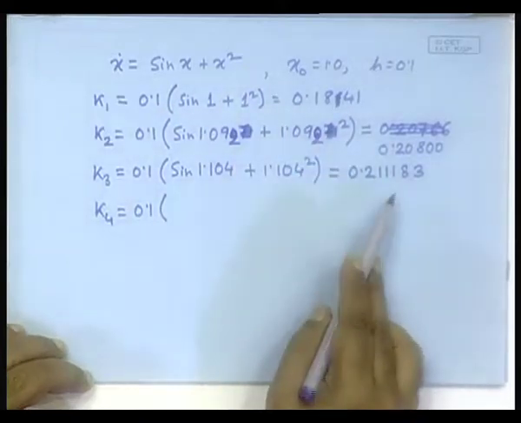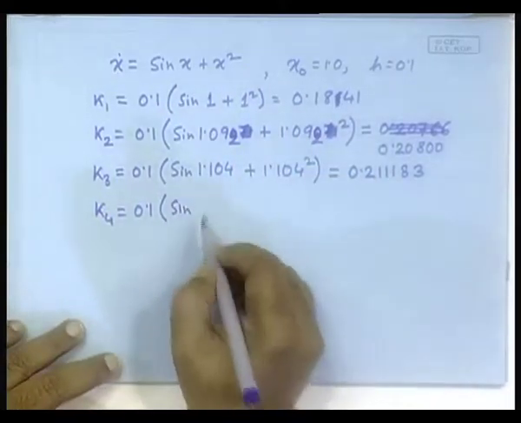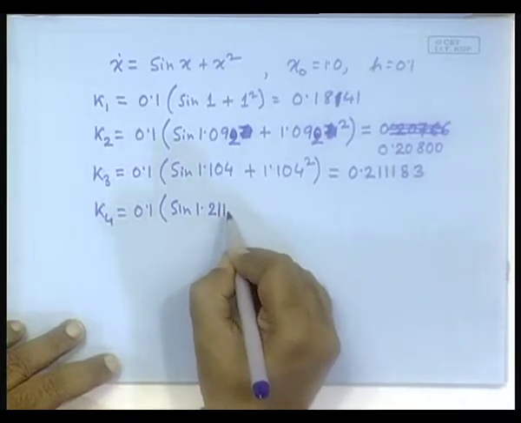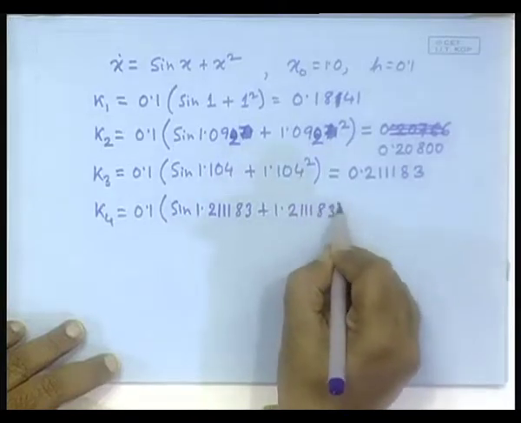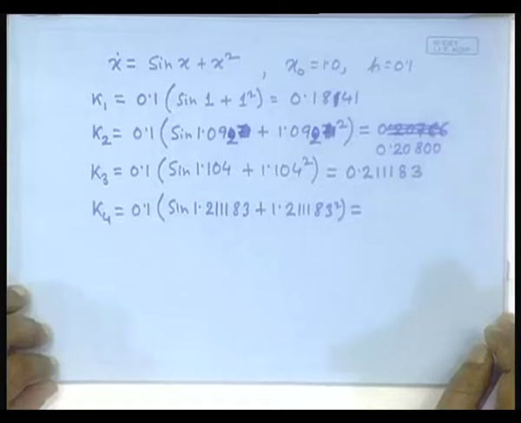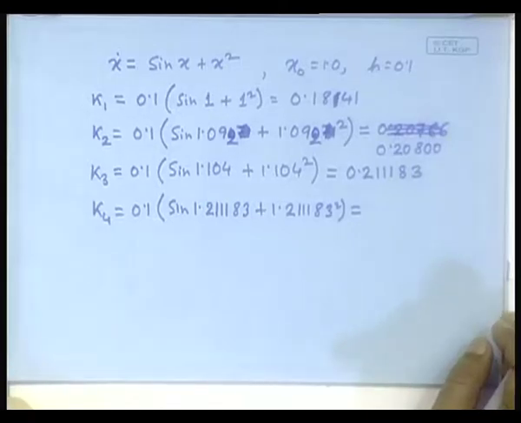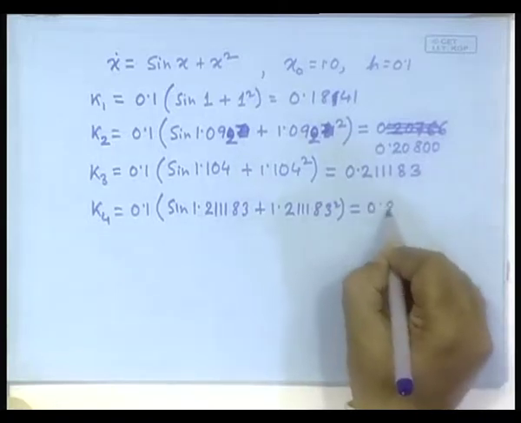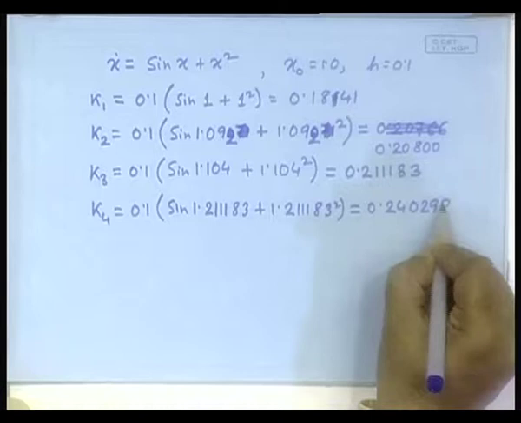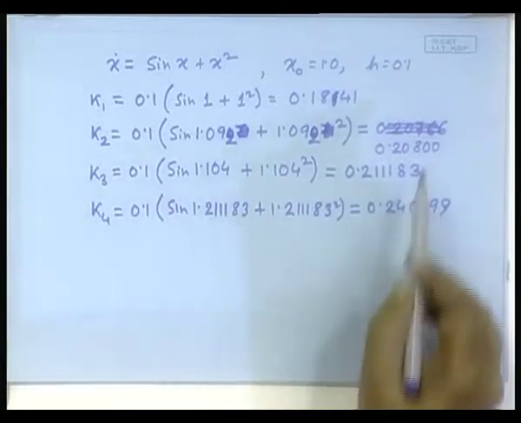So we can directly add this sine 1.211183 plus 1.211183 square is equal to 0.2402989. Okay, fine. So, we have calculated the K's.